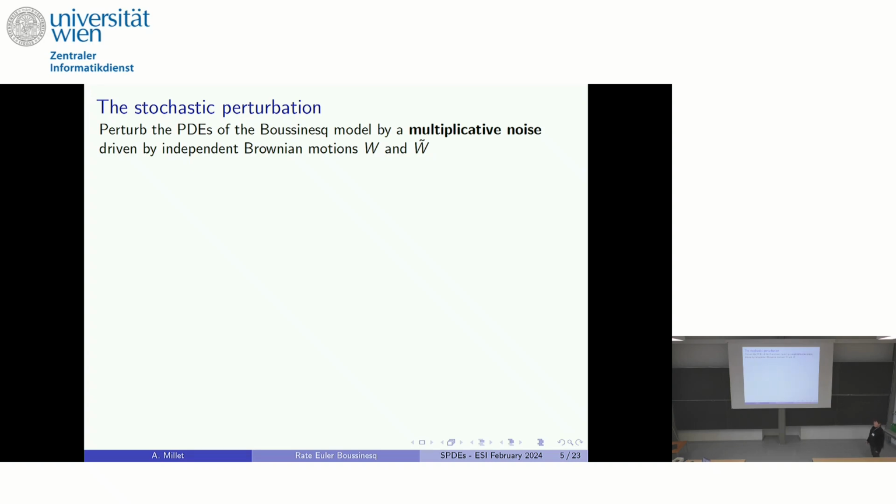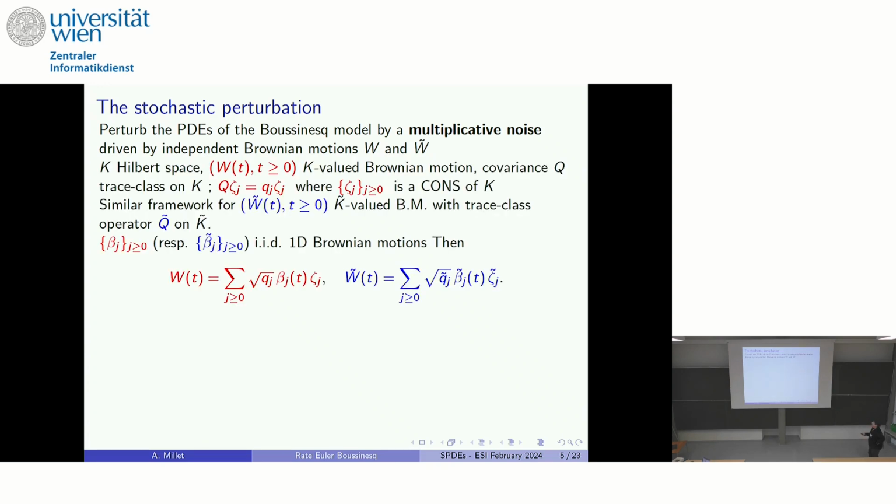Okay, now of course, it's an SPDE seminar workshop, so I'm going to introduce some stochastic perturbation. I'll deal with multiplicative noise, and it will be driven by independent Brownian motions, W for the velocity and W tilde for the temperature. Everything with a tilde is related to the temperature. So it's business as usual. W is a K-valued Brownian motion with trace class covariance.